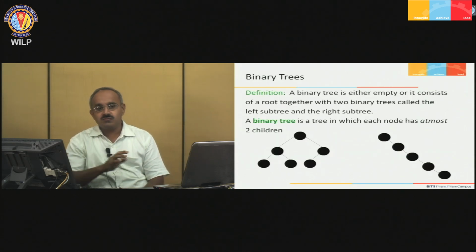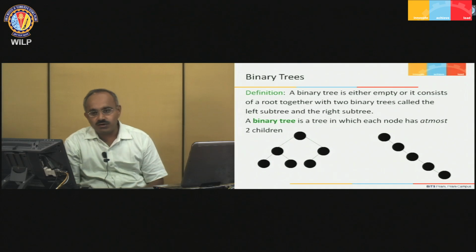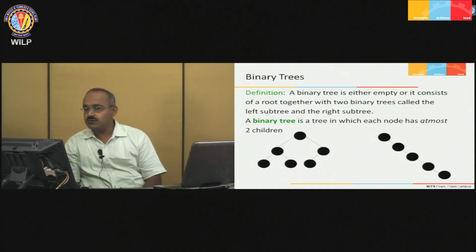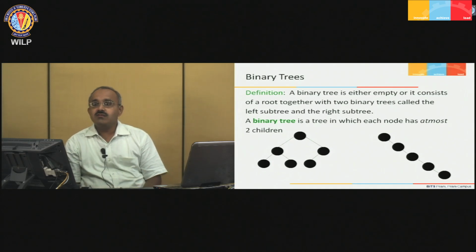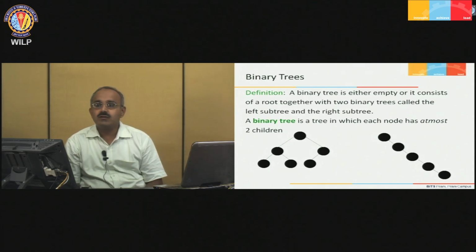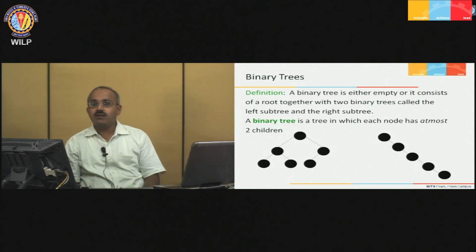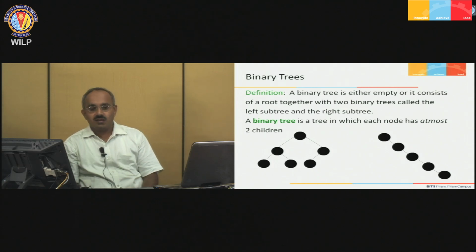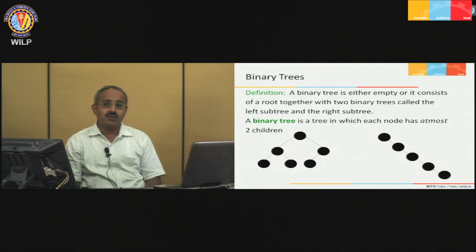Presently, we are going to be interested in a very specific type of tree called binary trees. A binary tree is either empty, that means it does not consist of any node, or it consists of a root together with two binary trees called a left subtree and a right subtree. If you look at the definition, it is a recursive definition.